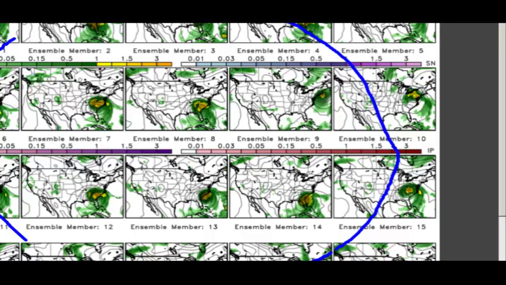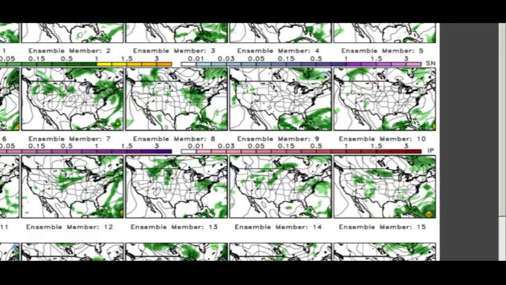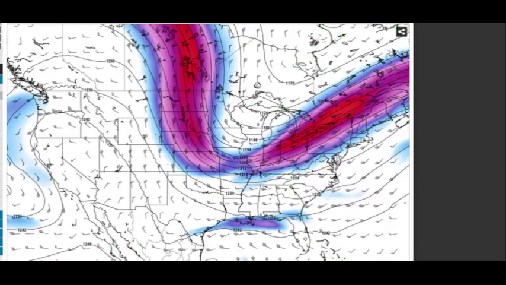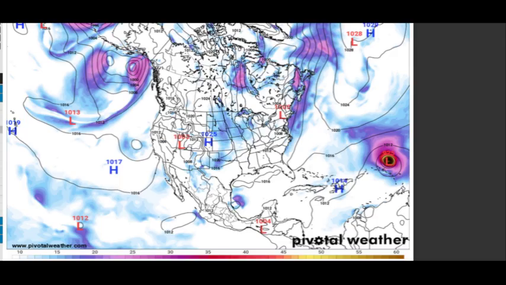But with the increase in computing power, we're able to drastically increase the resolution of the model, and that's what we have here. So this is what we call the high-resolution GFS. So let's look at the forecast on that.